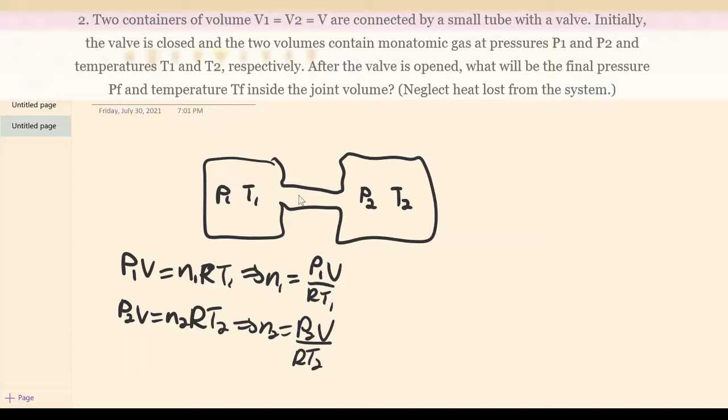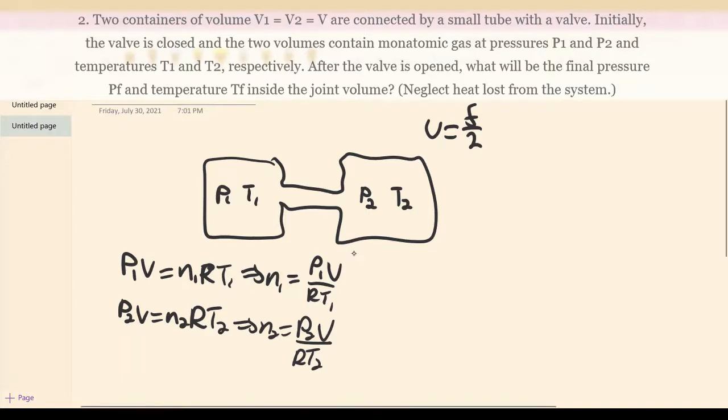Okay, so then now to solve for the temperature first, we can just use conservation of energy. In this case, the energy can be given by this formula: U is equal to f over 2 times nRT. f is the number of degrees of freedom, which I'm not going to get into here, but you can look that up yourself.